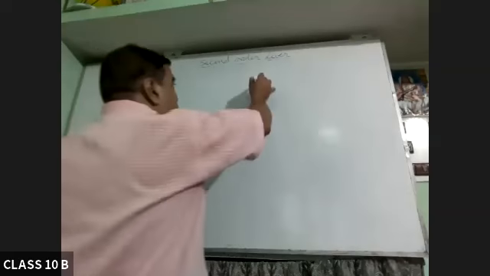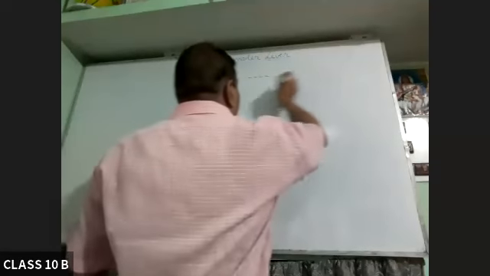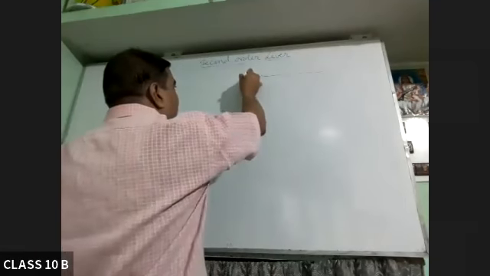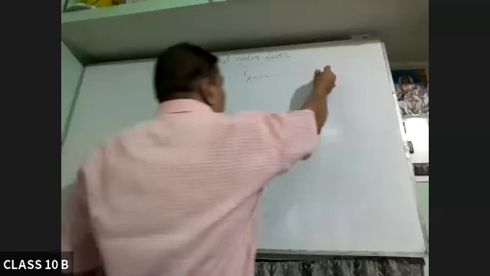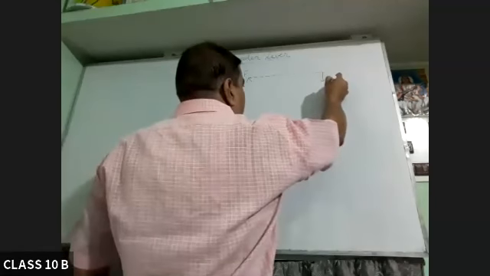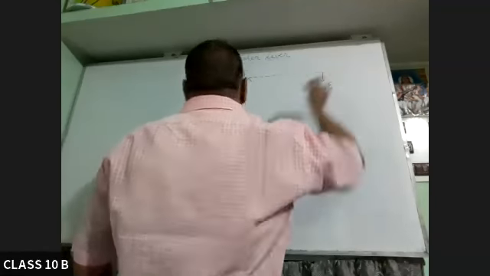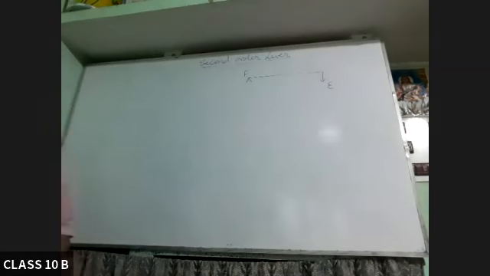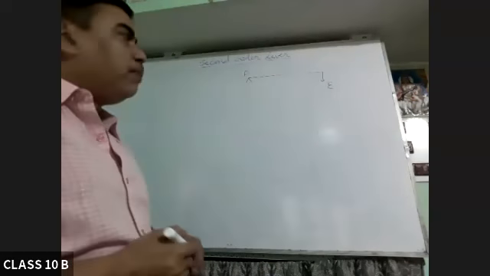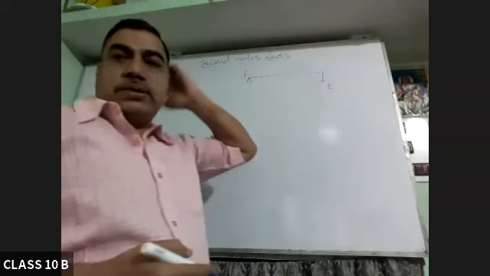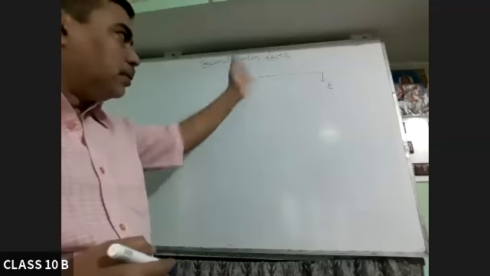So in case of second order lever, the fulcrum will be on one side, effort will be on one side, and load will be anywhere between this and this. You can assume anywhere.